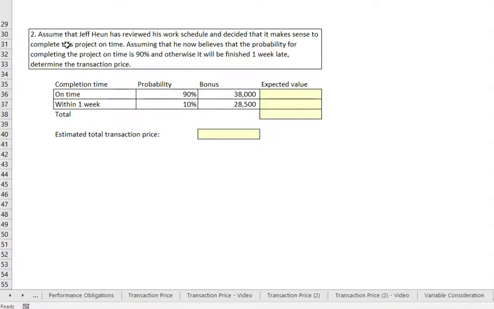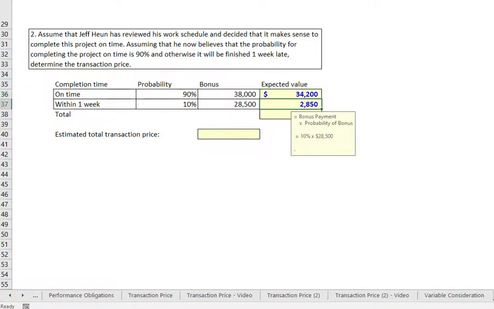In part 2 of our problem, we're assuming that Jeff has reviewed his work schedule and decides it makes more sense to complete this project on time. And he now believes the probability for completing the project on time is 90%, and there's only a 10% chance that the project will be 1 week late. So again, we go through the same process. We calculate the expected values of our bonuses, 90% chance of receiving $38,000, that's $34,200.